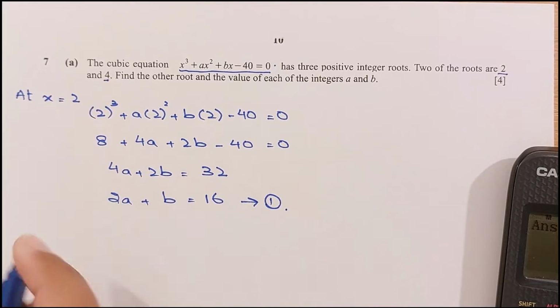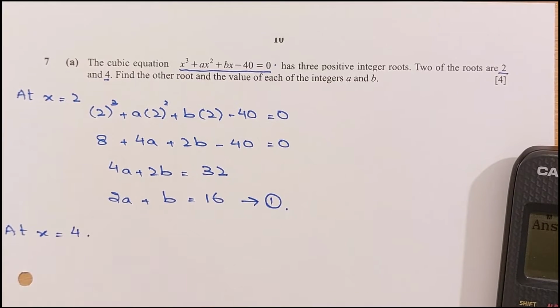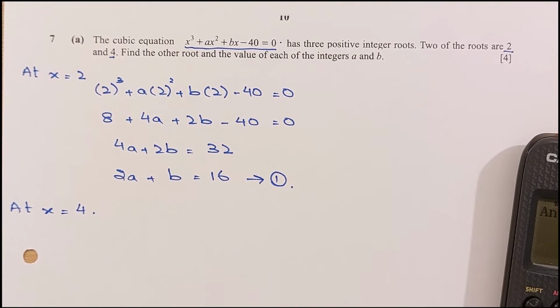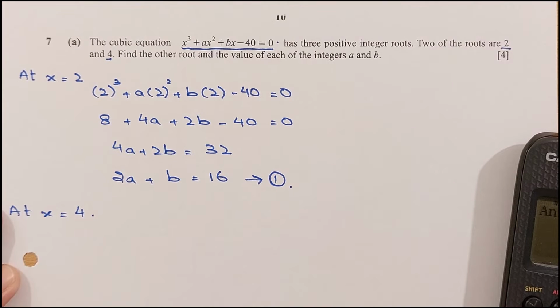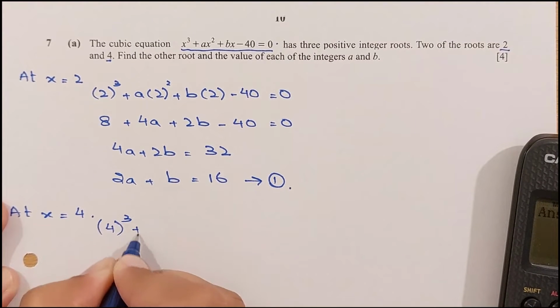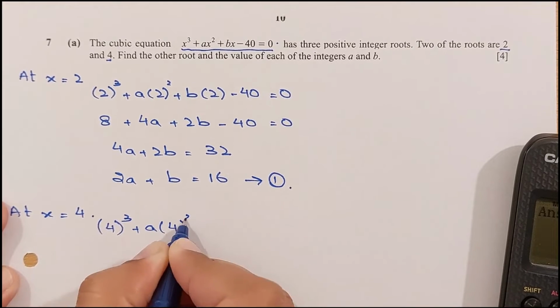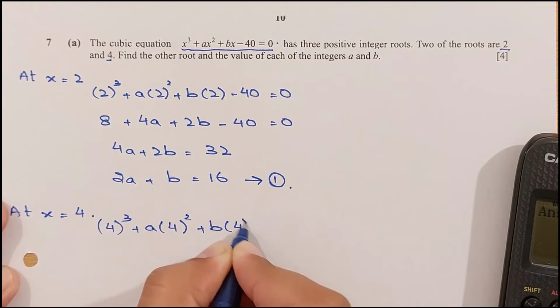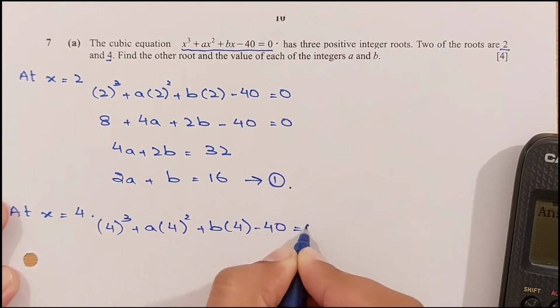And when we put x equals 4, 4 is a root, right? So just substitute x equals 4 here. We can say 4 cube plus a times 4 square plus b times 4 minus 40, this is equal to 0.